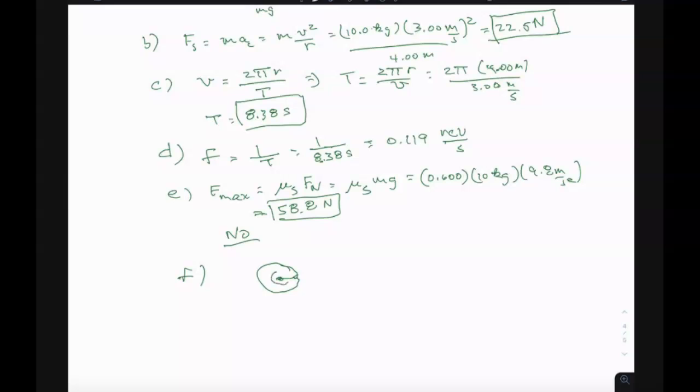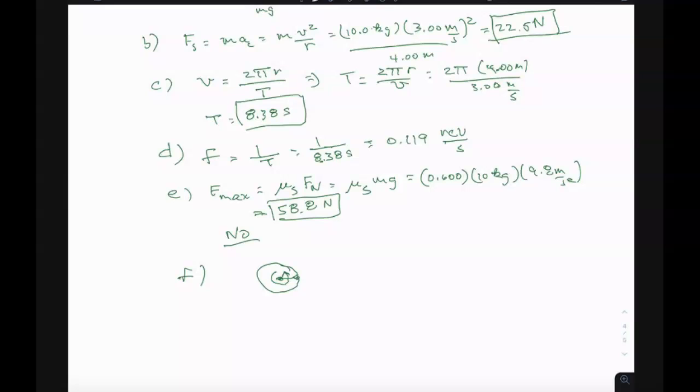And let's say it's rotating in this direction, counterclockwise around an axis going through the page. And say at this particular instant, it slips.